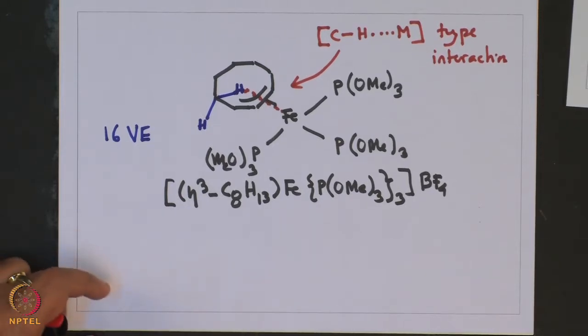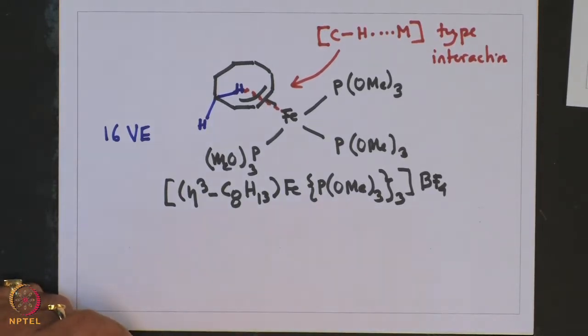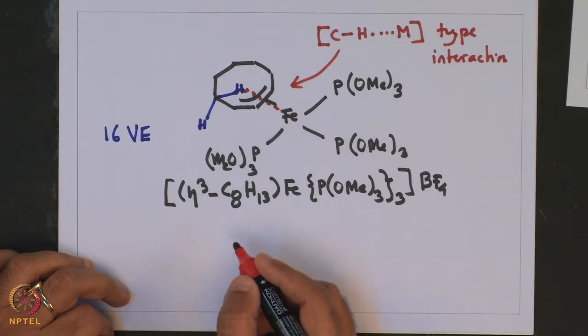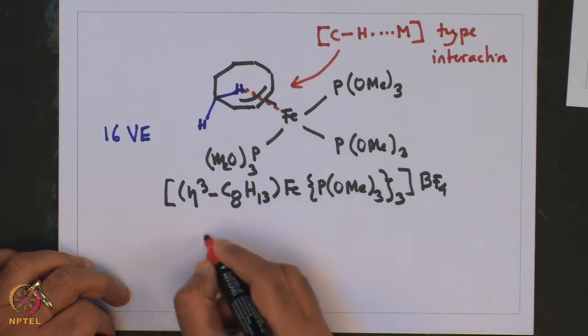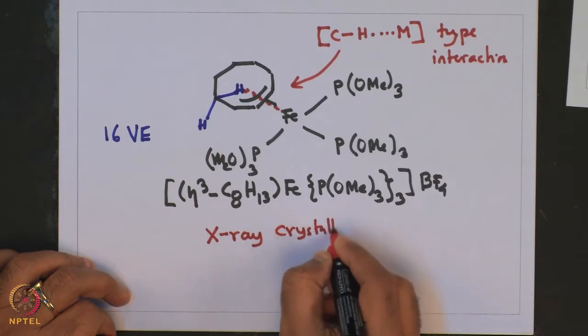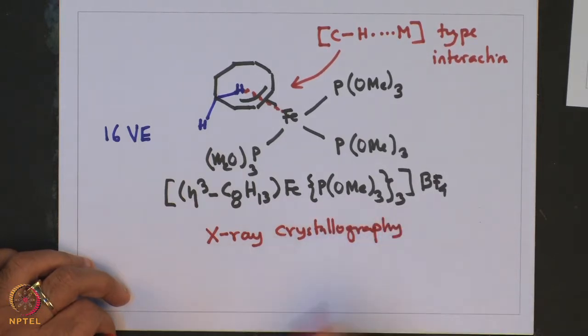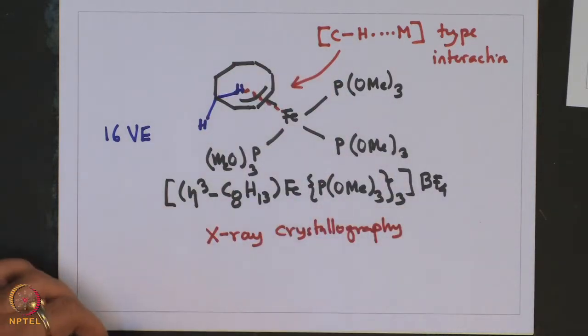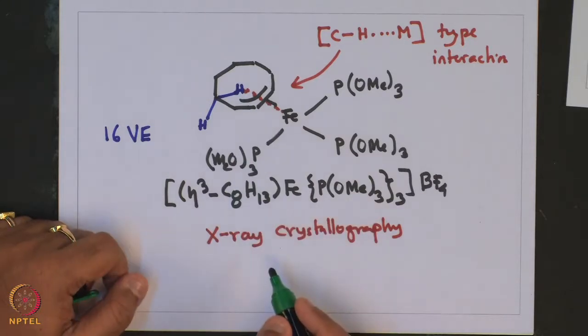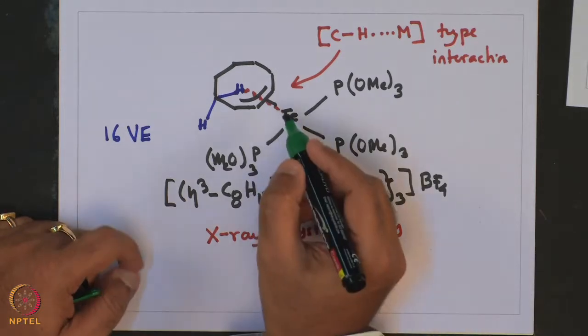Now, the evidence for the existence of this interaction came from X-ray crystallography, as this compound was structurally characterized, and what came out from that is that this CH bond interacts and has considerably elongated.